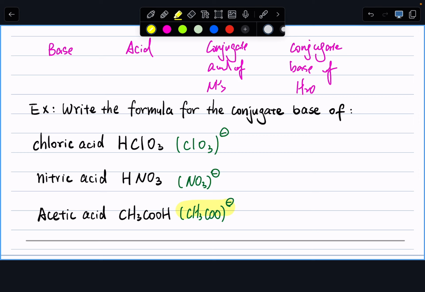Okay, so let me not skip steps. So we have CH3COO minus, so if we're doing the octet rule, we have 8 times 4, plus 3 times 2, minus, well, 2 carbon, 2 oxygen, 3 hydrogen, and a minus charge, and times 1/2.